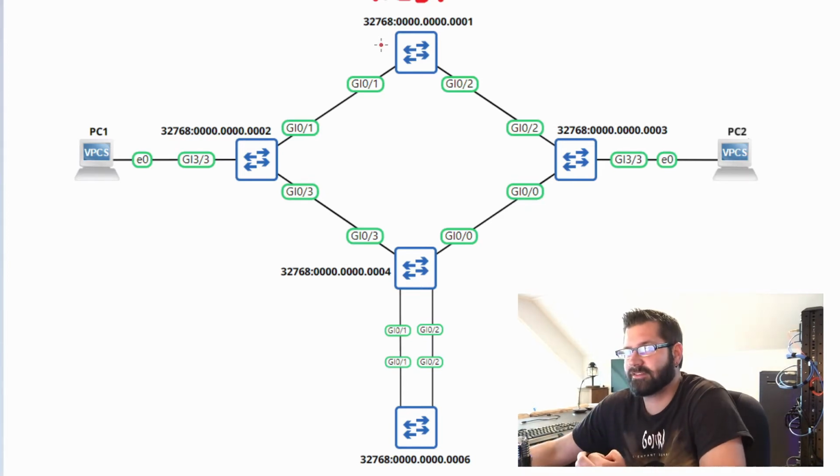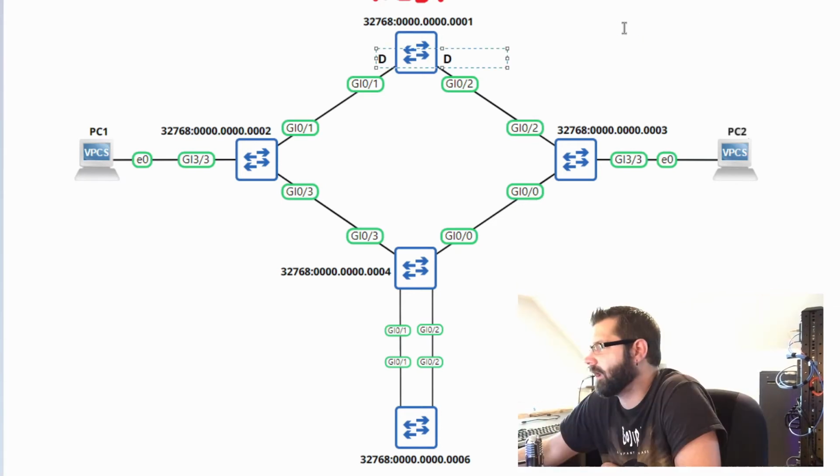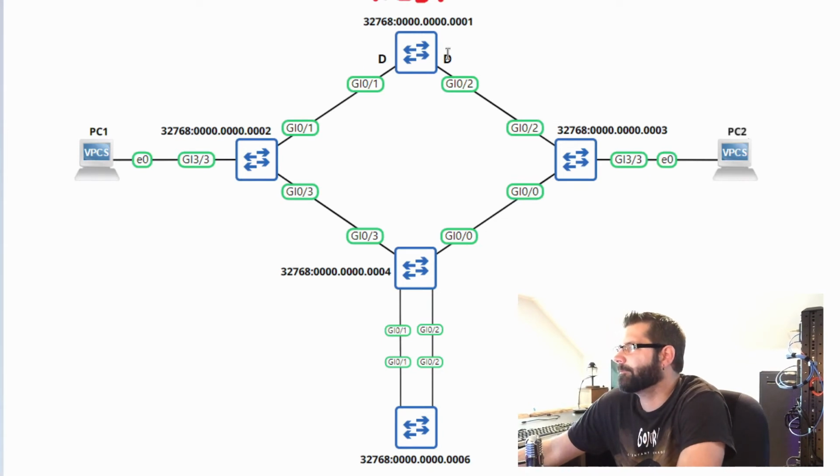And the root bridge itself, all of its interfaces will be designated ports. And let me see if I can make this a little bit nicer. Okay, designated. So we're all set on this. Root bridge, all interfaces are designated ports.